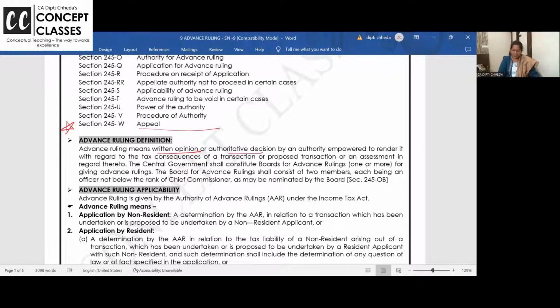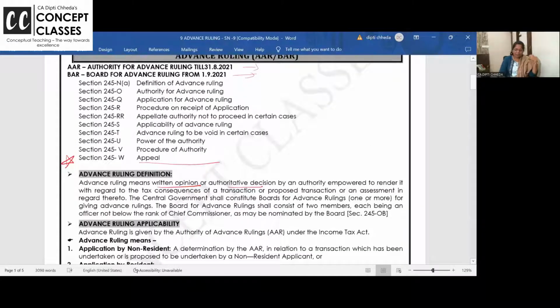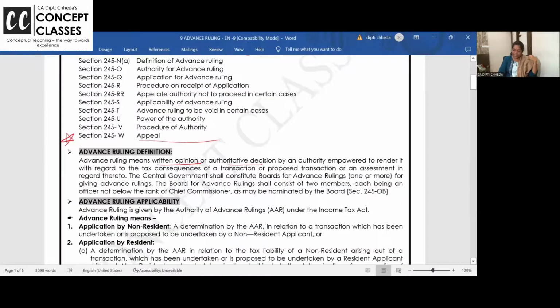So with regard to the tax consequence of a transaction, TDS, capital gain, whatever it may be, or proposed transaction or assessment. The Central Government shall constitute the board, BAR, Board for Advance Ruling, for giving advance ruling. The Board for Advance Ruling shall consist of 2 members, each being an officer not below the rank of Chief Commissioner, as this is newly added.